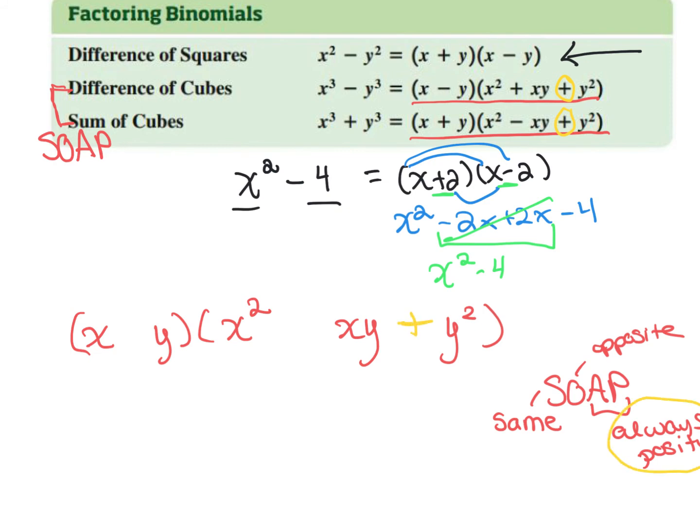Always sunny and positive. Same means it's the same as the sign that it was. So for example, when I do the sum of cubes, same means the first one is a plus, and then the next one, opposite, would be a minus. But in difference of cubes, same for the first one means a minus, and then opposite means a plus. So we're going to use that in a second, and then hopefully we can remember the pattern.